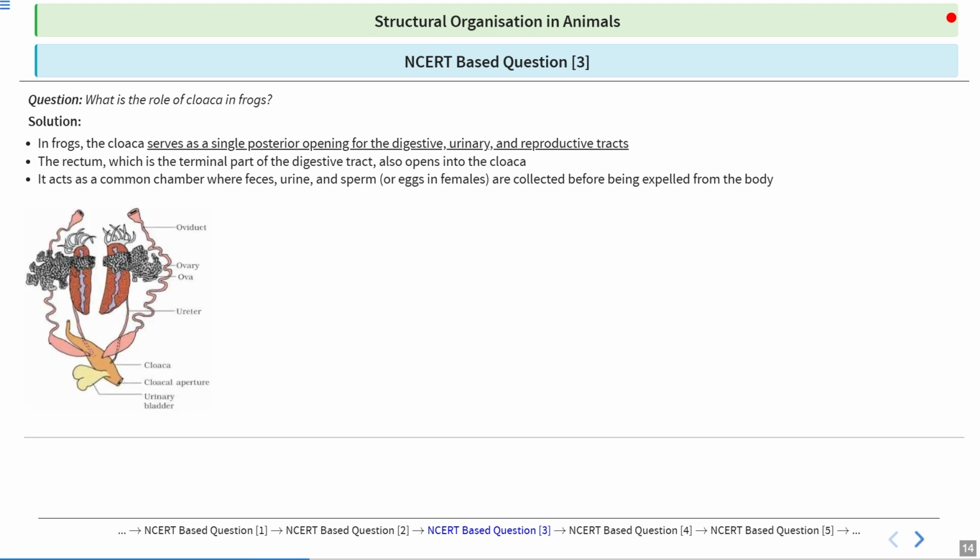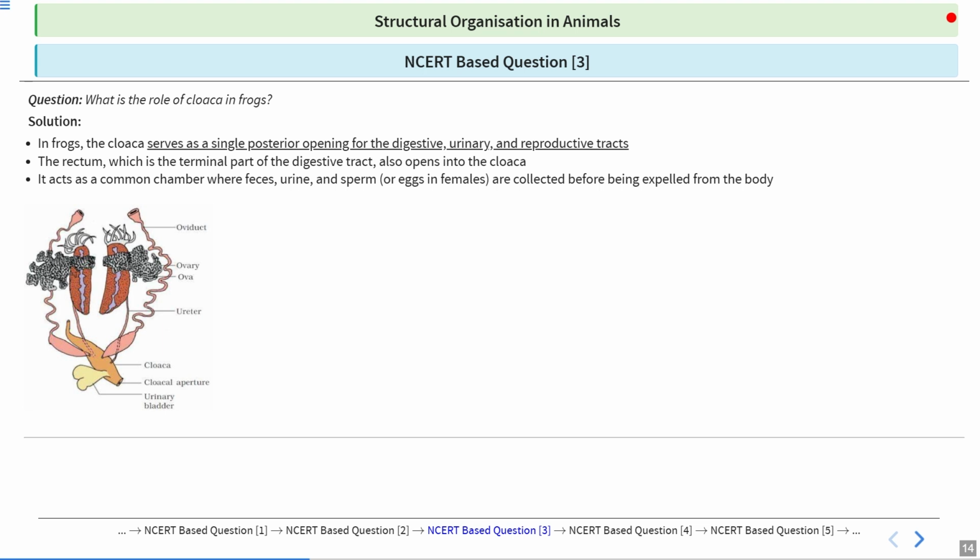So here is one of the diagrams that you can see, the female reproductive system showing the cloacal aperture. Now you can see in the diagram that the oviduct has a long tube-like structure that joins to this cloaca, right? And there is a ureter coming from the kidney, which also joins to this cloaca, right?